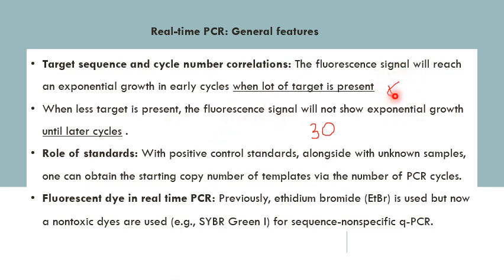Here it started with 16, you got your signal with 16 cycles. It means that you have lots of target DNA, so you don't need more cycles to see what is there in your template. So this is how you read it. The more the cycle number, the less amount of your DNA is present.